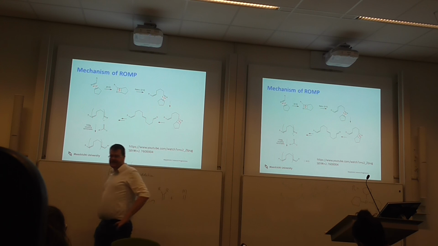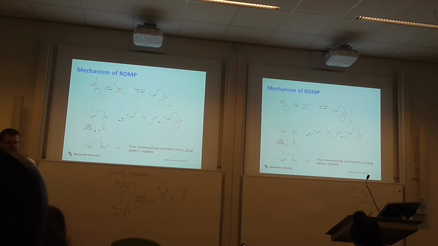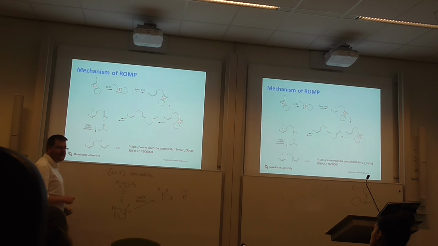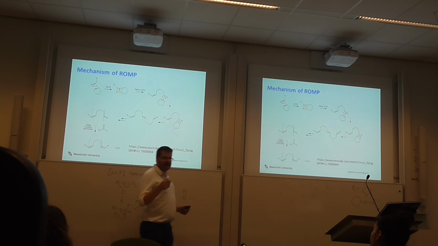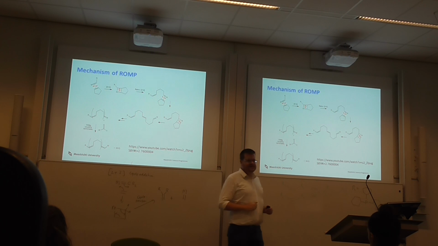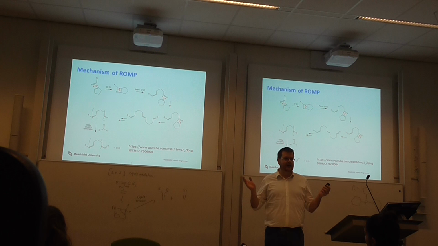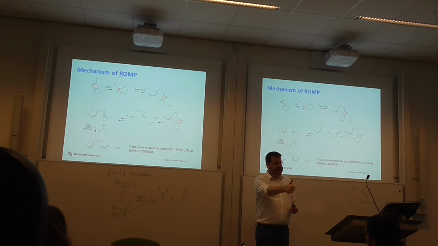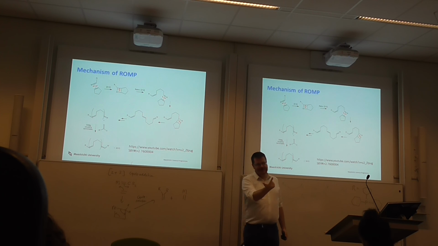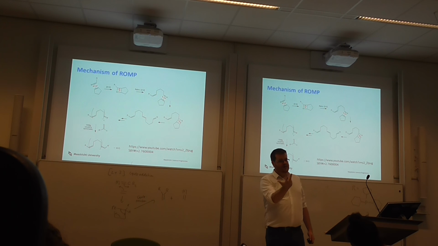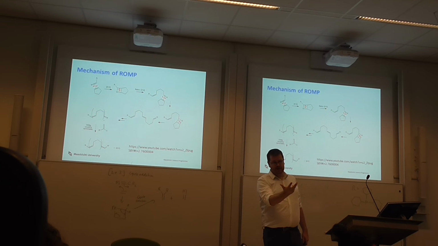In fact, another question is, why did we just get ring opening metathesis? In other words, why does this thing polymerize? If I take this alkene, it's a cyclic alkene, we also have ring opening metathesis, ROM. Why doesn't it just stop there? Well, it depends on the catalyst, the ligands on the catalyst, the concentration of the substrate, and the reaction conditions.